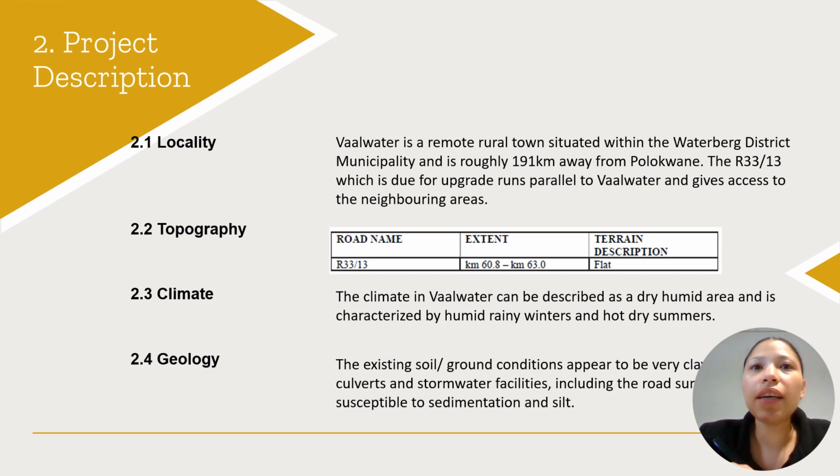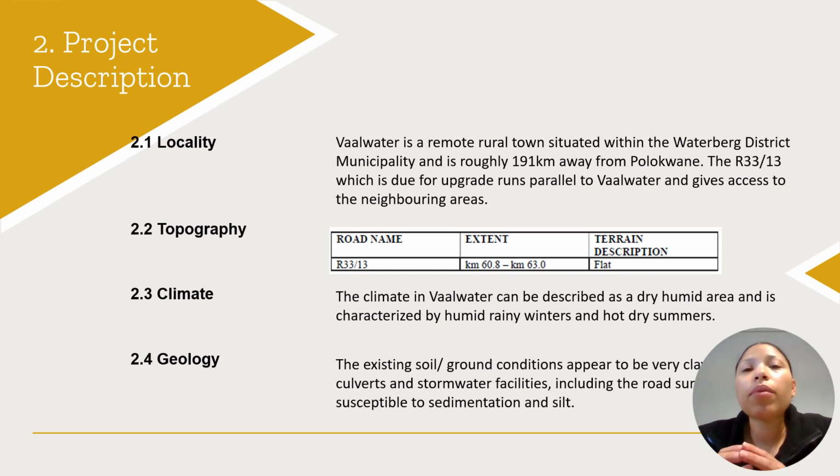The total length of the road is a couple of kilometers. However, we'll only be focusing on roughly 2 to 3 kilometers, which is the length of the VAALWATER community.